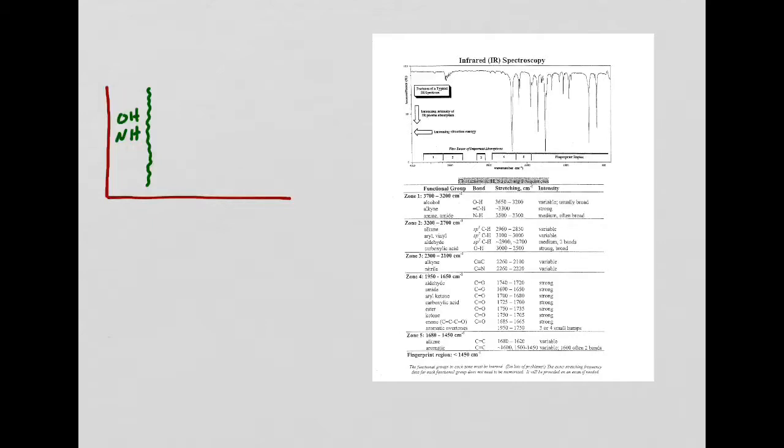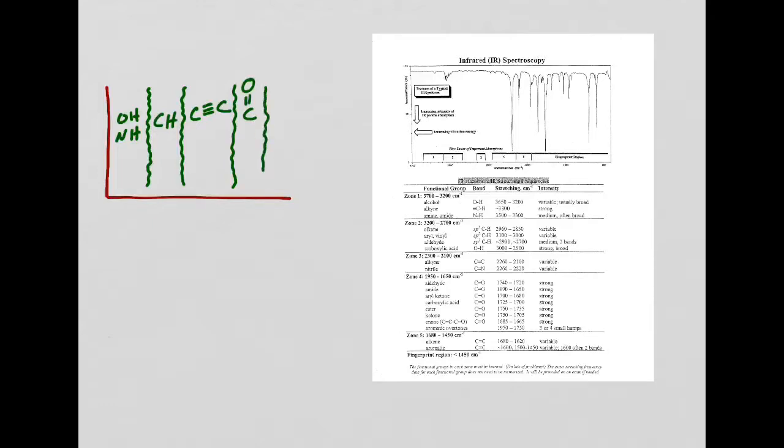Then the next region, I'm going to look for CH. They're not very interesting. Most things have CH. But that's okay. Then I'm going to look for triple bonds. Those are pretty unique. Then the next region, I'm going to look for carbonyl. Those are very useful.